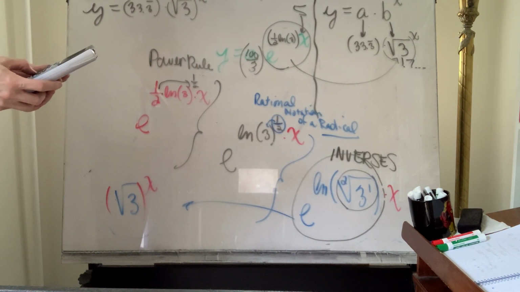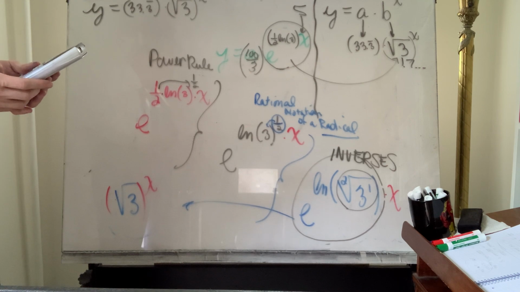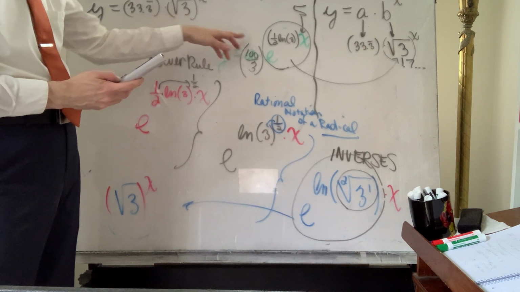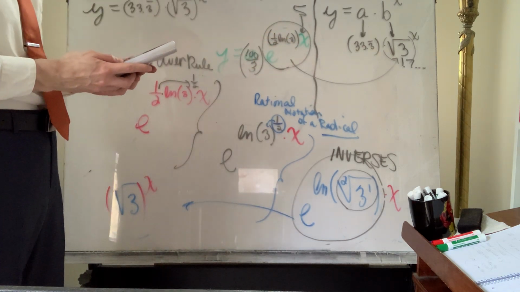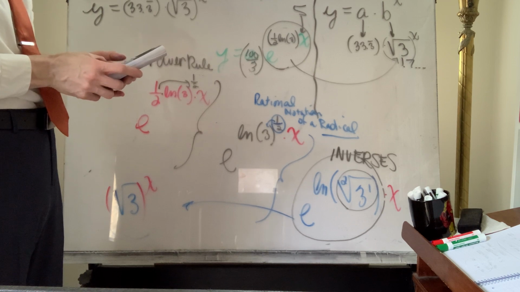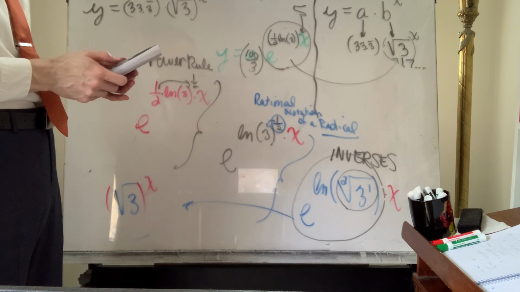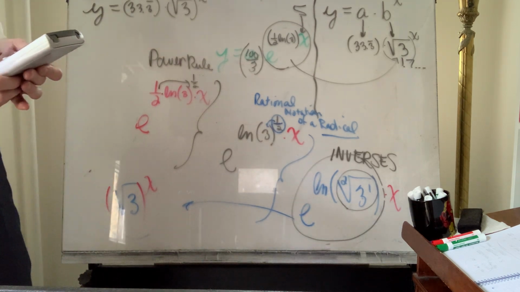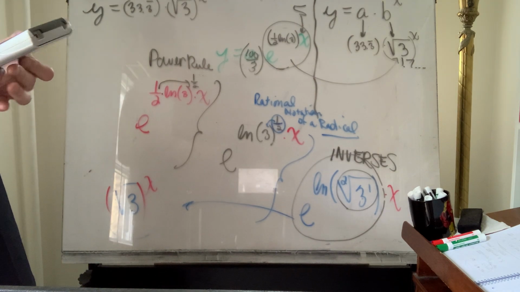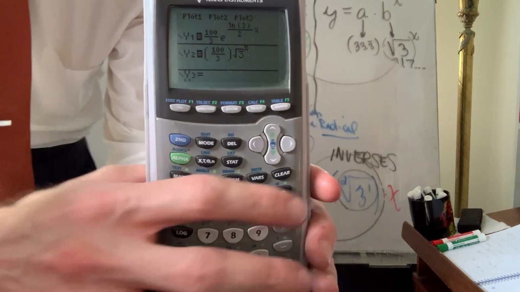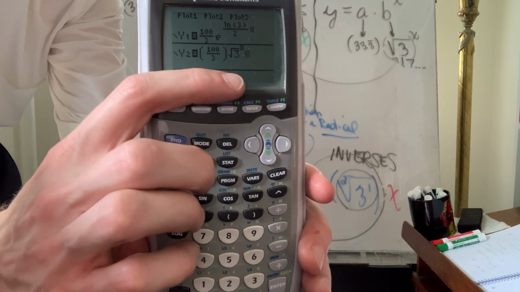I'll put 100 over 3 just to again preserve all of infinity. But instead of putting base e, I'm going to put the outcome of this. Square root of 3. And then outside of it, the x is the input. All right, so the condensed, compacted version of this.